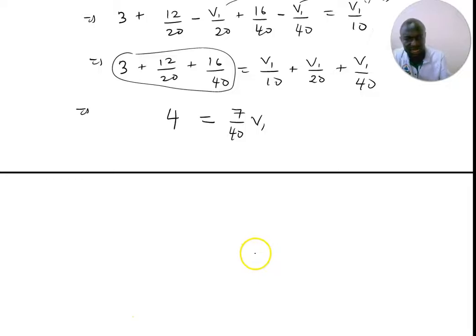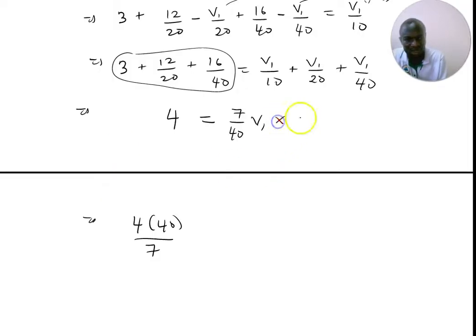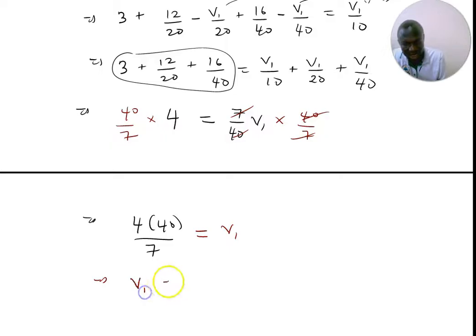So basically, V1 is going to be what? 4 times 40 on 7. That is, if I should multiply this side by 40 on 7 and multiply this side by 40 on 7, the 7 cancels the 7, 40 cancels 40. So I'm going to get 40 times 7 all on 40 times 4 all on 7, then you equate it to V1. So at the end, what do we get? V1 should be equal to what?